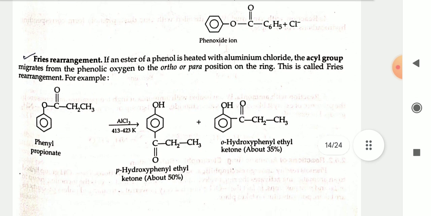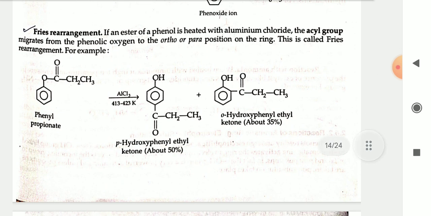Fries rearrangement. If an ester of a phenol is heated with aluminium chloride, the acyl group migrates from the phenolic oxygen to the ortho or para position on the ring. This is called Fries rearrangement. For example, phenyl propanoate at 413 to 423 Kelvin in the presence of AlCl3 forms 50% of p-hydroxyphenyl ethyl ketone and 35% of o-hydroxyphenyl ethyl ketone.